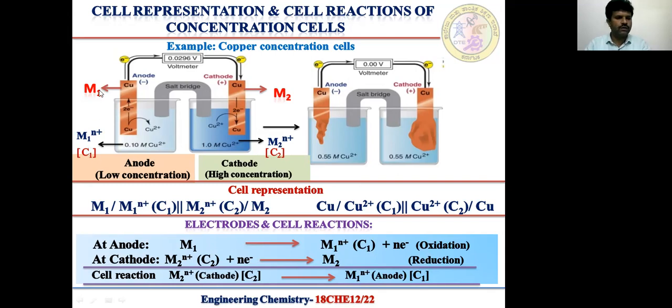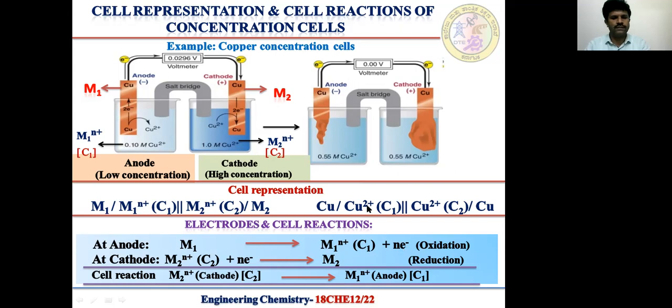At the anode, the metal M1 undergoes oxidation and releases M1^n+ ions in the electrolyte of concentration C1, and it releases n number of electrons.